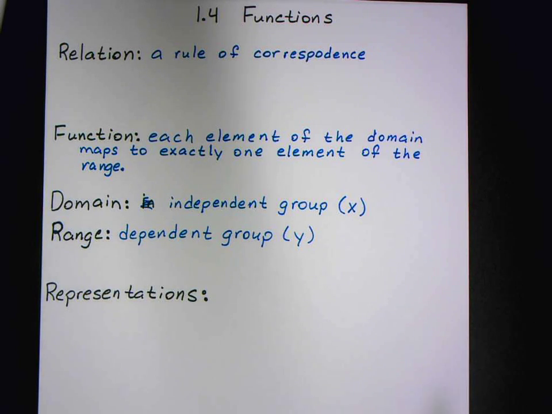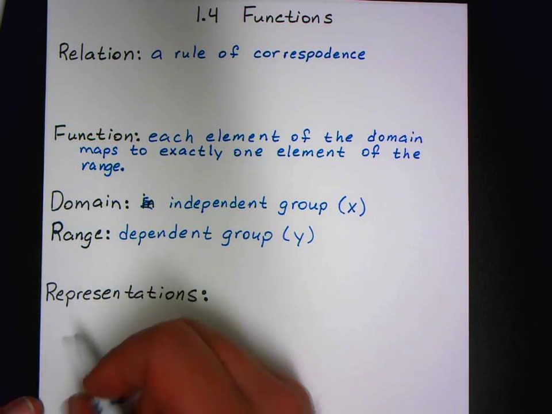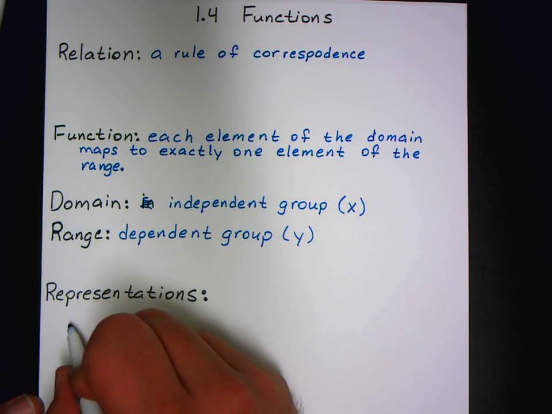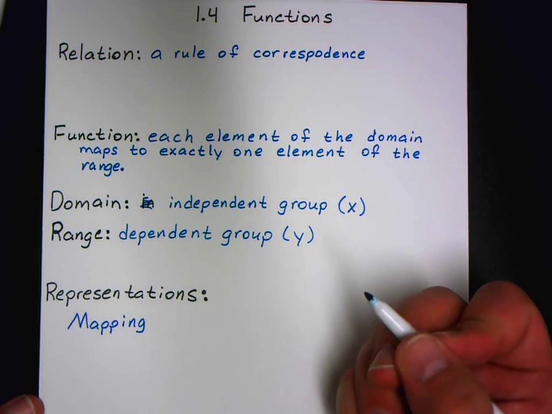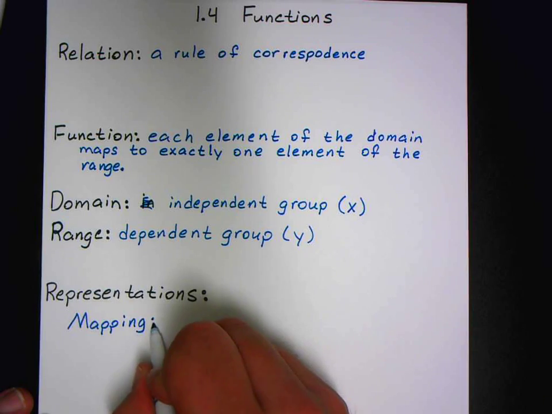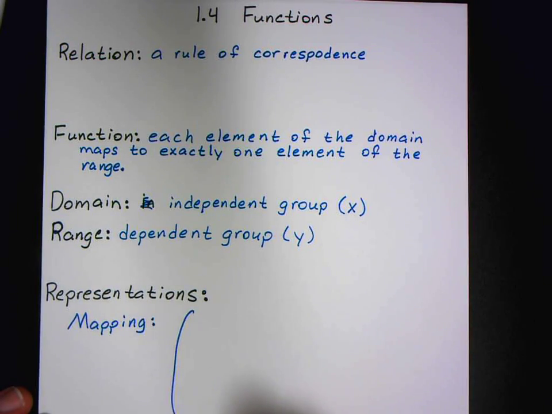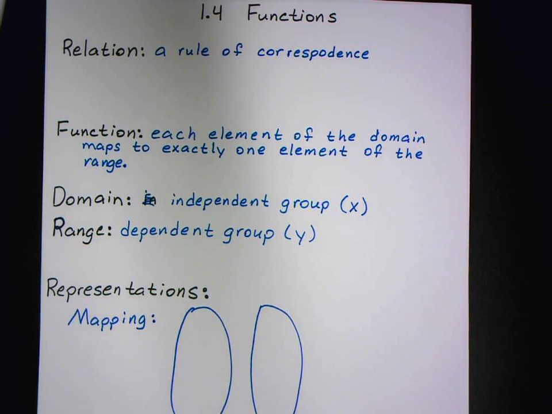It's easier to see this when we get to representations of it. We have multiple different types of representations that we can use. Let's see, how should we start? Let's start with the most childish one of them all: a mapping. This is like grade school stuff.